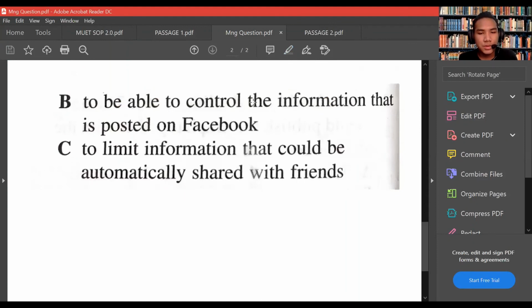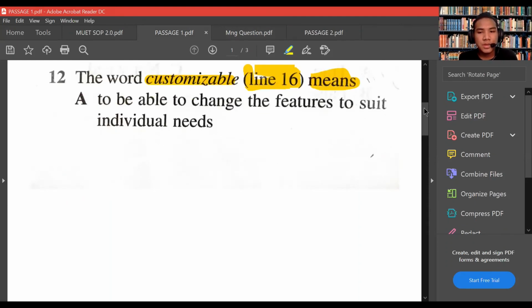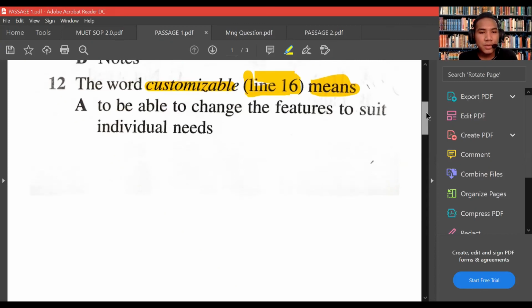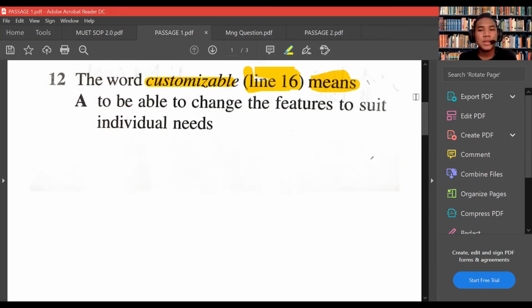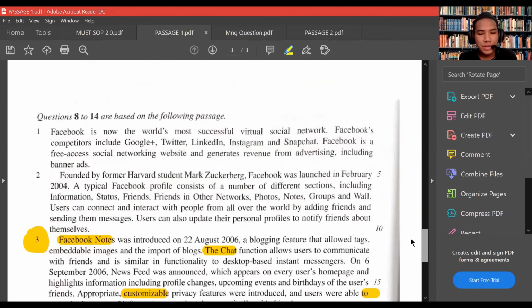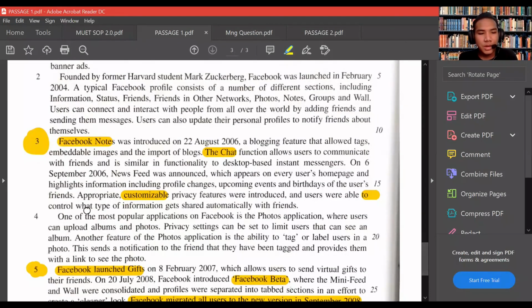B, to be able to control information that is posted on Facebook, and C, to limit information that could be automatically shared with friends. So, as we define the word customizable in line 16, we can see that it actually enables the users to control what information gets shared automatically with friends.